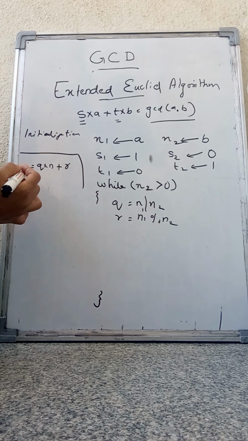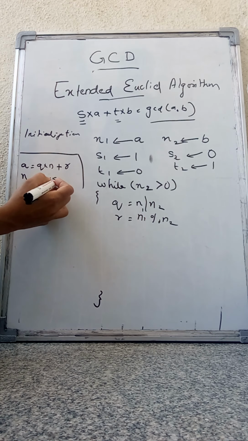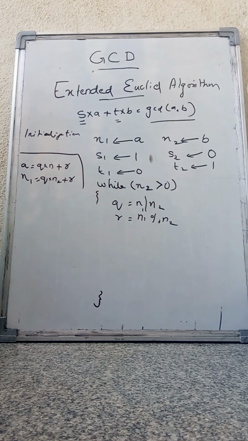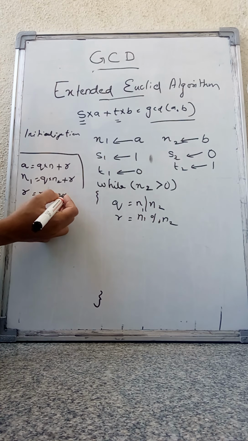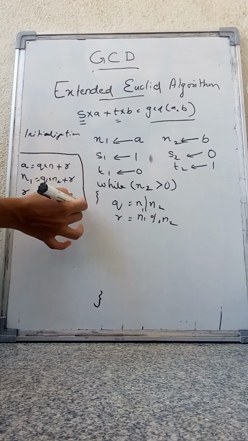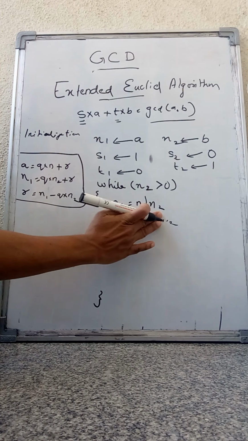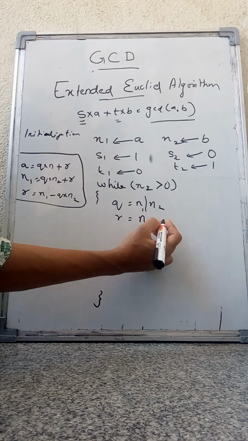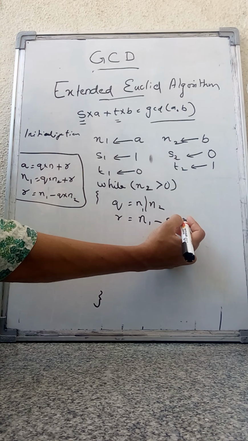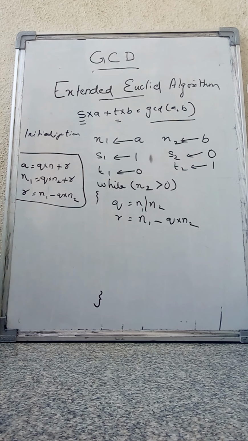So here n1 is equal to q into n2 plus r. So how can you say r is equal to n1 minus q into n2? This way also you can write r. Instead of n1 mod n2, you can write n1 minus q into n2. Clear, right?